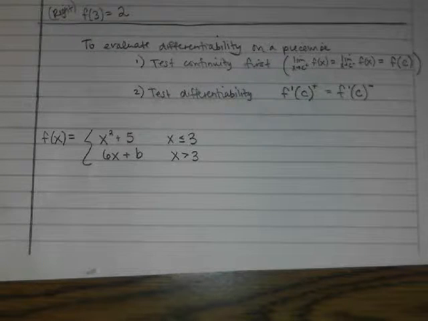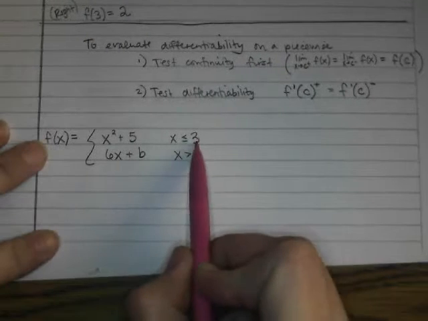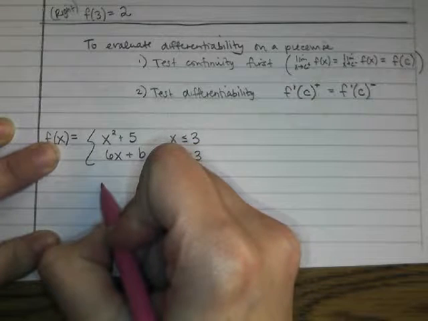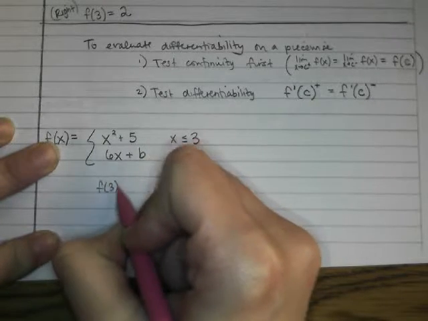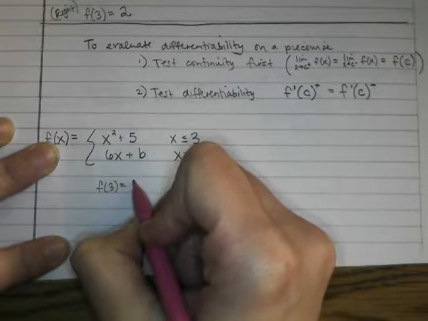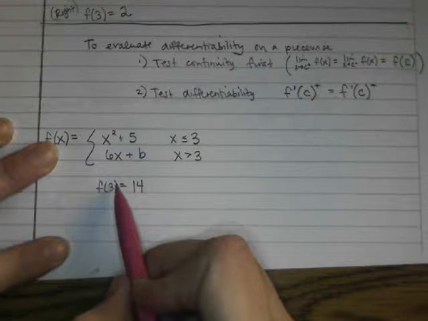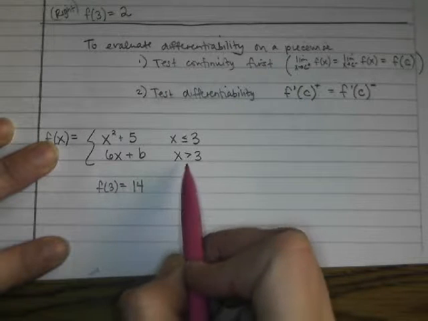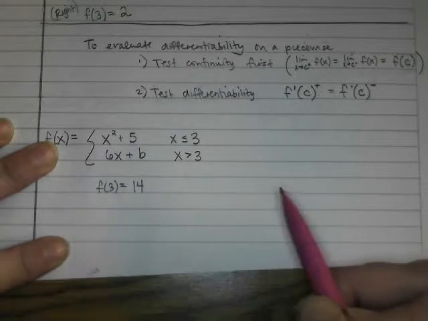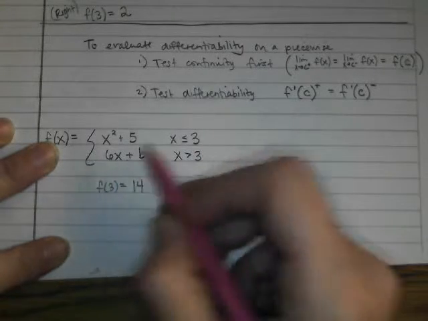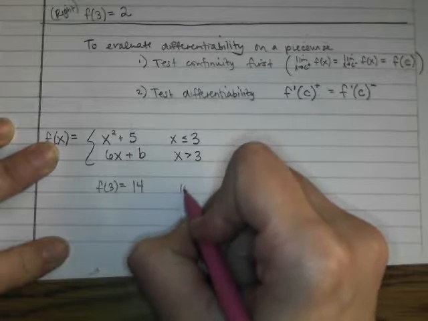So in order to be continuous, my limit coming from the left, which would be plugging 3 into here, f of 3 is 9 plus 5, 14. So the function value coming from the left has to equal the function value coming from the right. Now, coming from the right, when I plug in 3, I'm going to get 18 plus b.